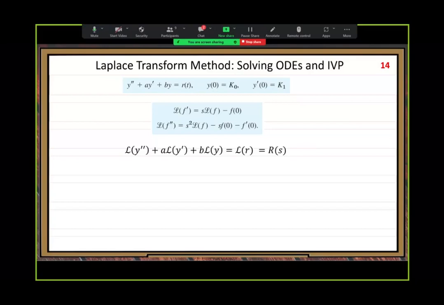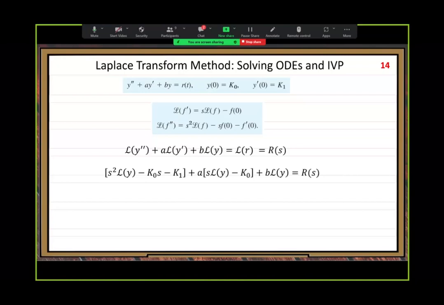Now we need to find the Laplace transform of the y function, our solution. For the first term, we apply the second derivative formula: s squared times the Laplace transform of y, minus s times the initial value k0, y of 0, minus the second initial value condition k1.